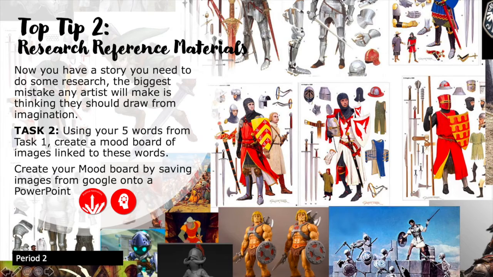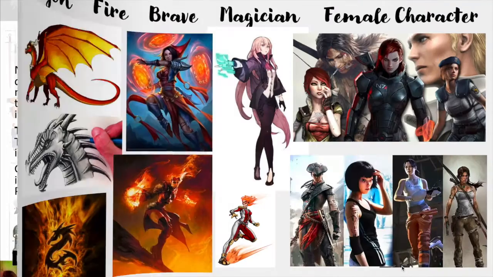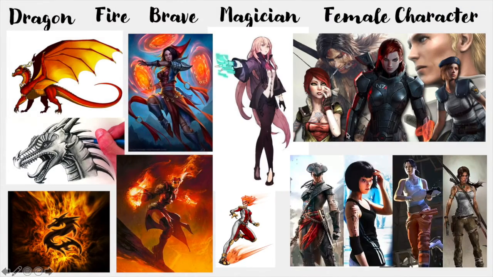Similar if you're looking for fire, and I've got an example over here. So I've got my dragons, and I've got all my fire. I've got fire magical powers. Then I've got magician, more magical types of powers. I've got different types of female characters that I've looked for inspiration. And later in the project, I'm going to be using this for reference.